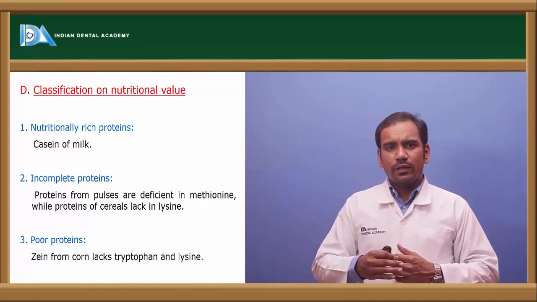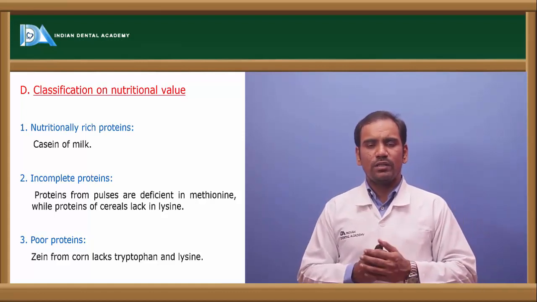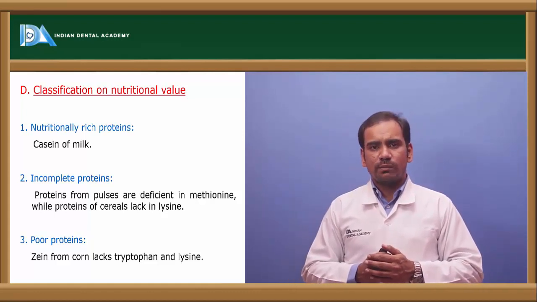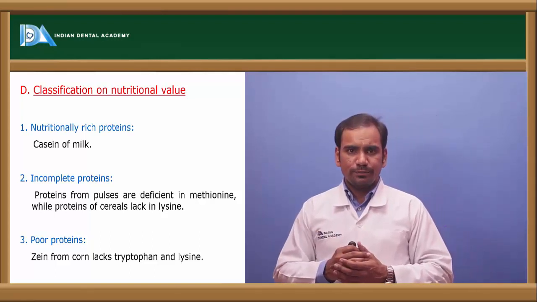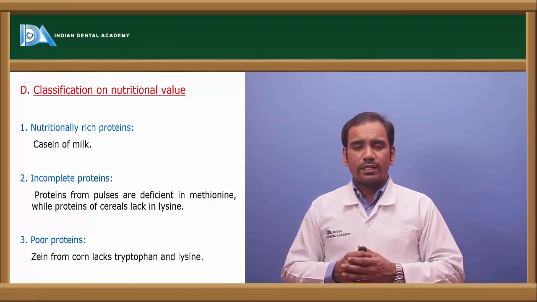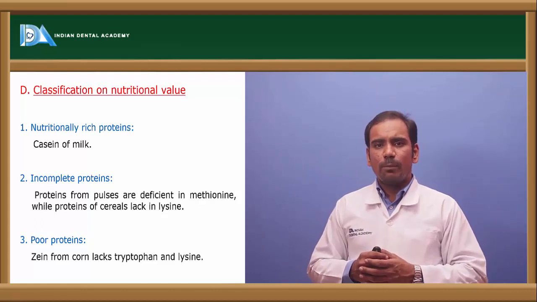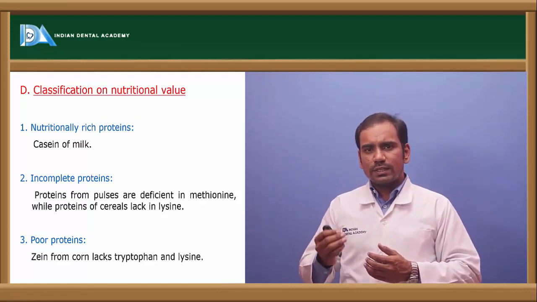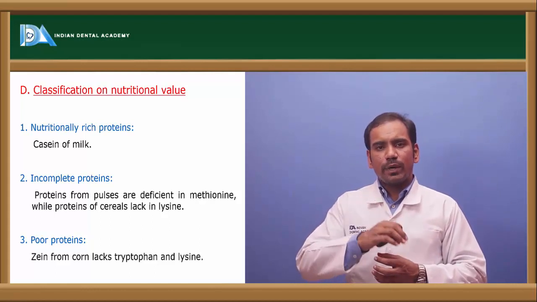So any protein, if it has all the required essential amino acids in required proportions, so we call such type of proteins as complete proteins or rich proteins. Like for example, you can take casein, albumin. These two proteins are called as complete proteins because this casein and albumin, they have all the essential amino acids.